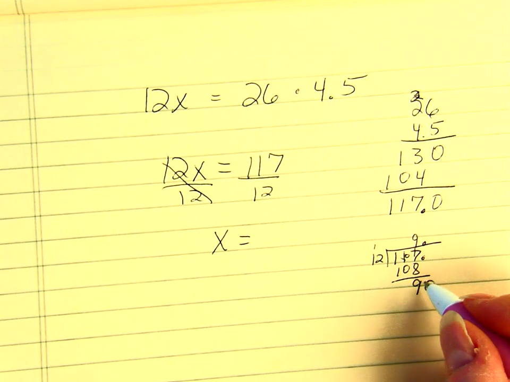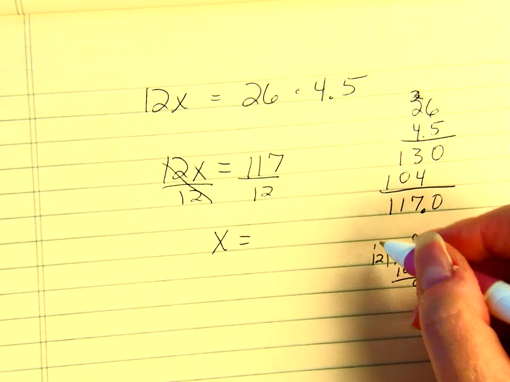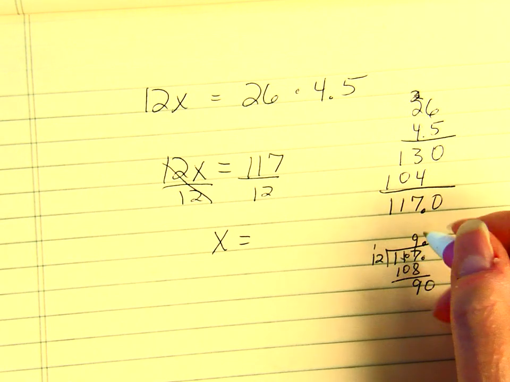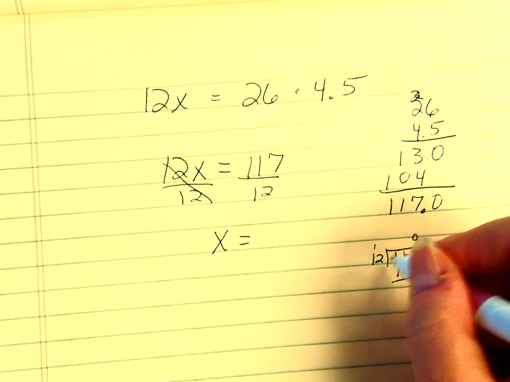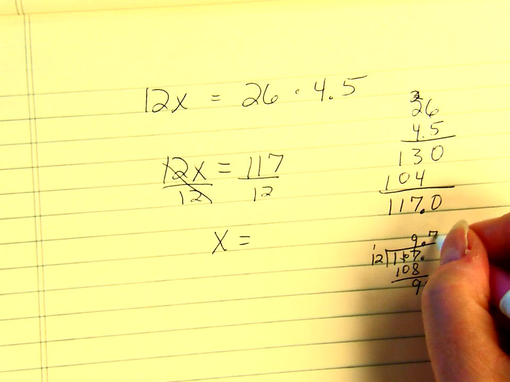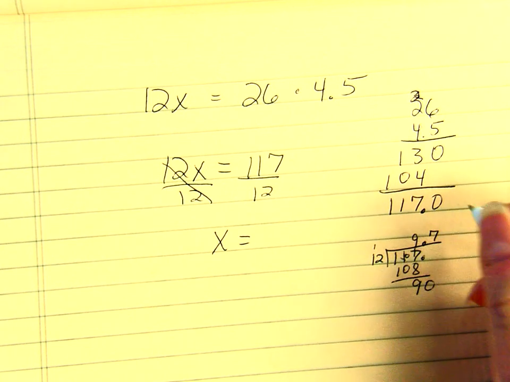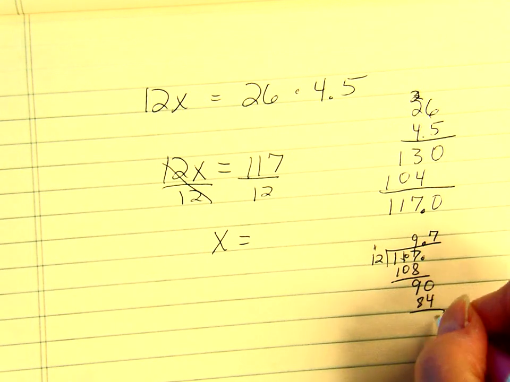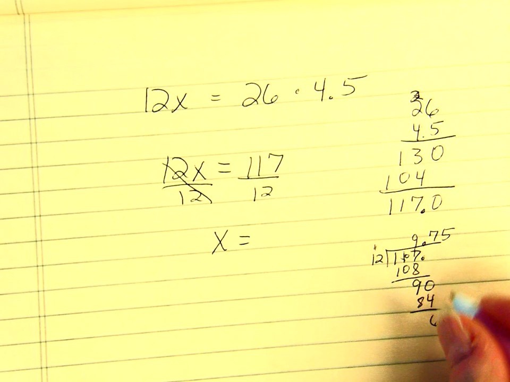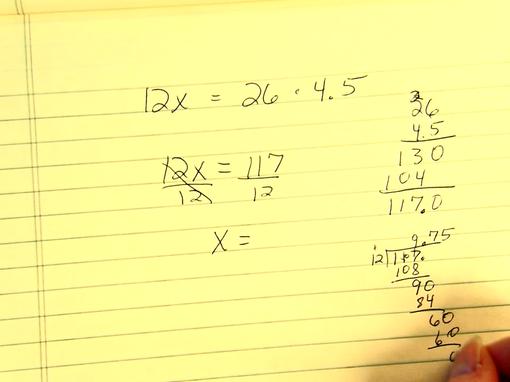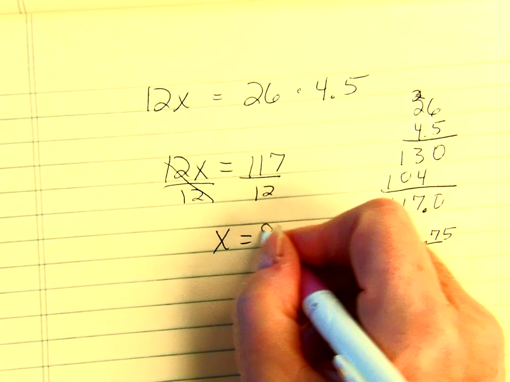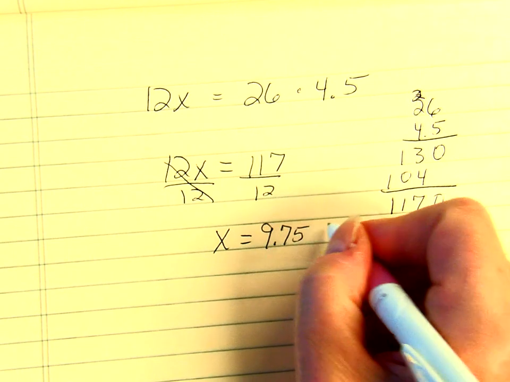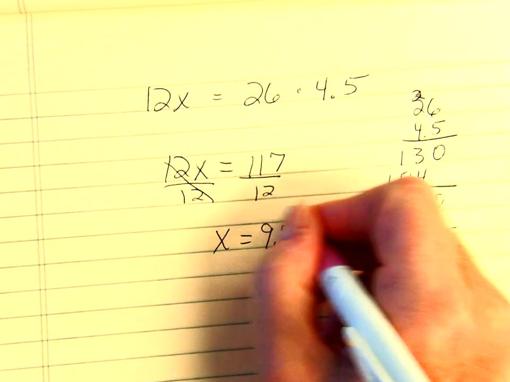Here's my decimal point. 12 goes into 90 seven times, and this works out great because 5 times 12 is 60, and we zero out. So x is equal to 9.75 feet.